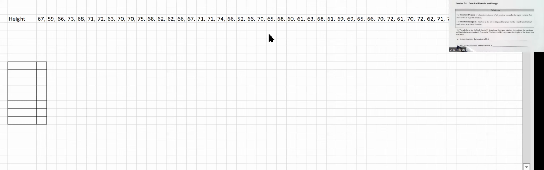I mentioned that the lowest value is 52, correct? So I can start my domain at 50 for practical reasons. I don't want to have this whole empty space between 0 and 50 where nothing happens. I want to zoom in to the piece of the number line where there is some action going on.